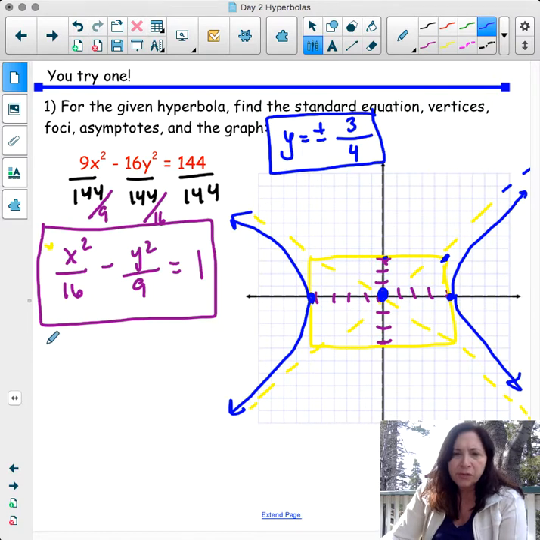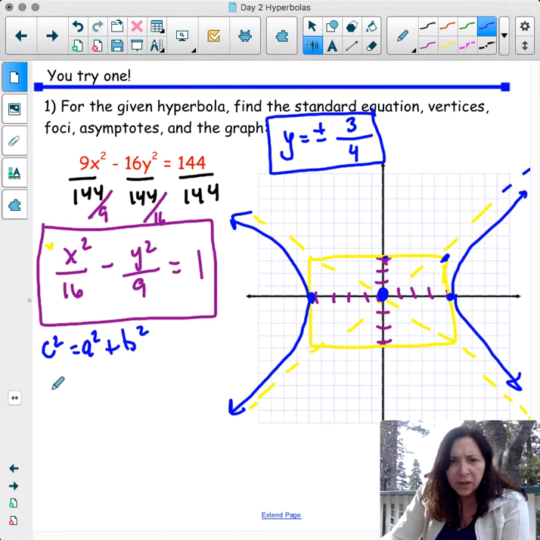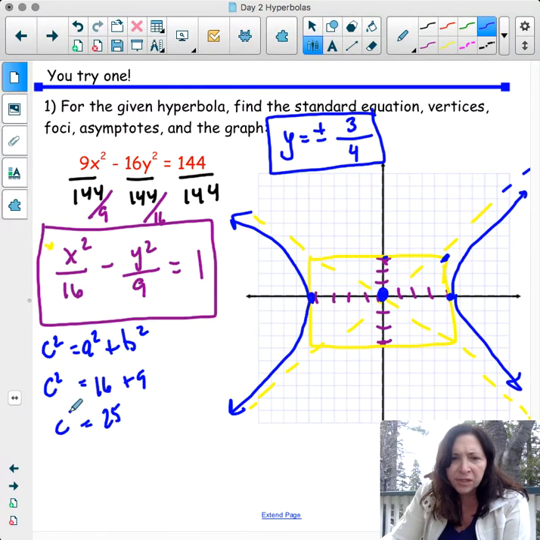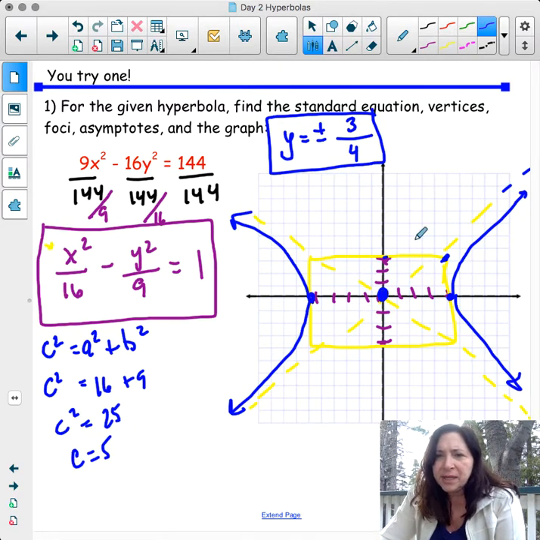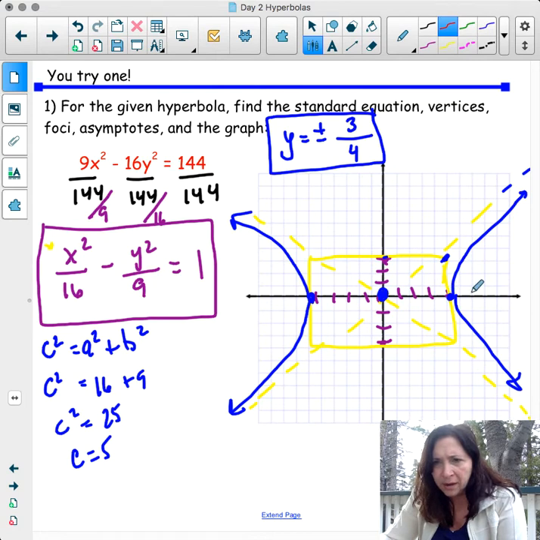Additionally, we need the focus points. So we're going to go c squared is equal to a squared plus b squared. So that's c squared is equal to 16 plus 9, which is 25, so c equals 5, which means that if I'm going to the right 5, I have a focal point here, and that focal point is at 5, 0.